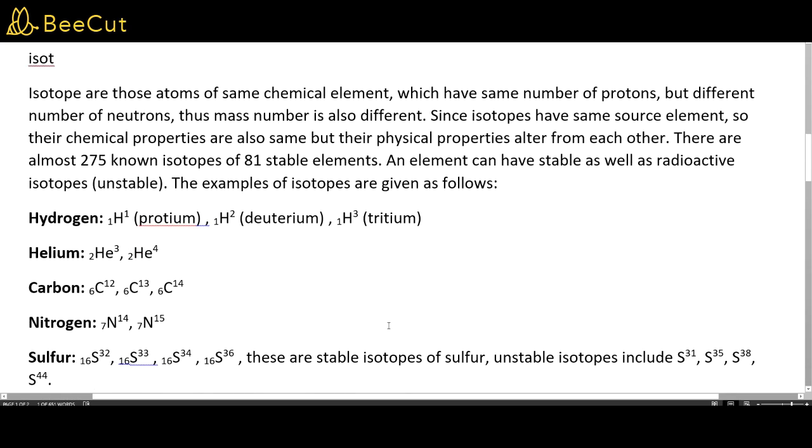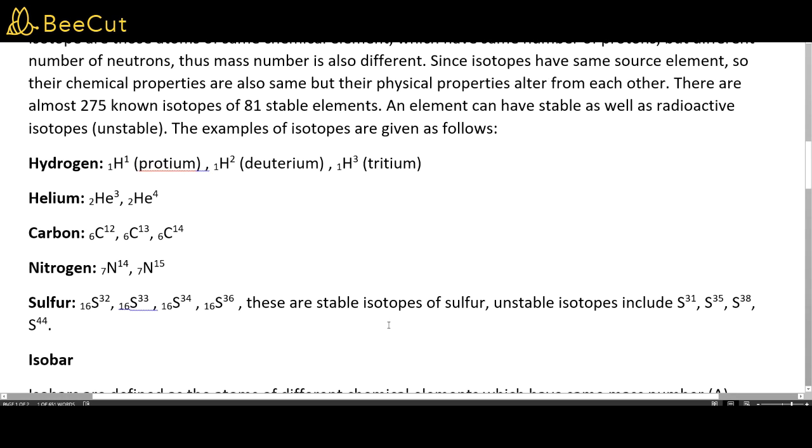Firstly, in the case of isotopes, here are some examples. For example, hydrogen: the 1, the smaller number over here, indicates the number of protons, and this is the mass number. So it has one proton and one mass number.